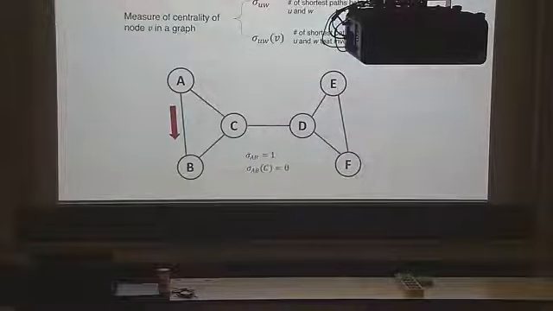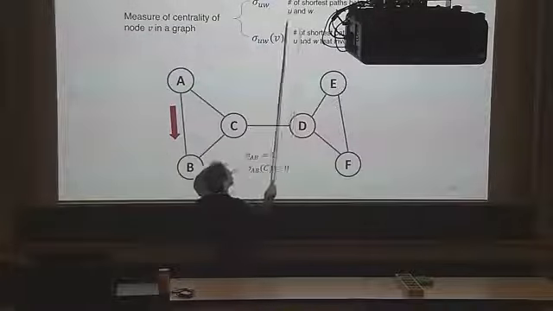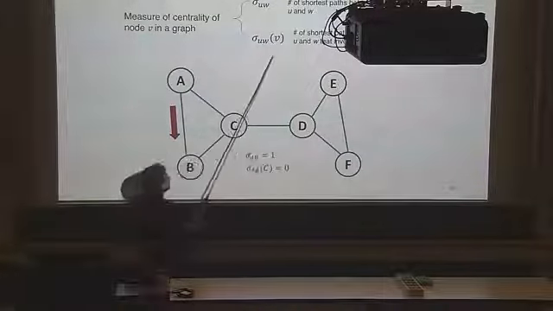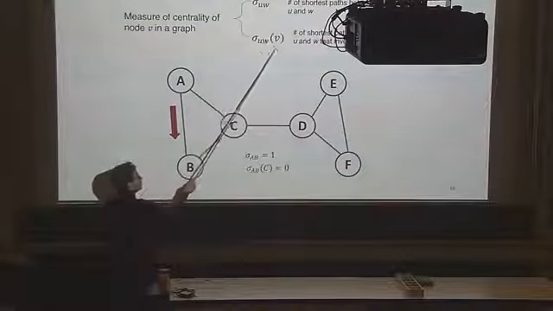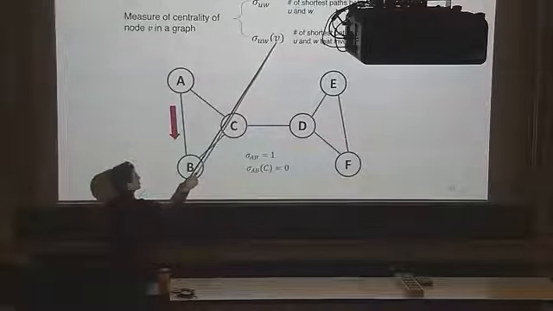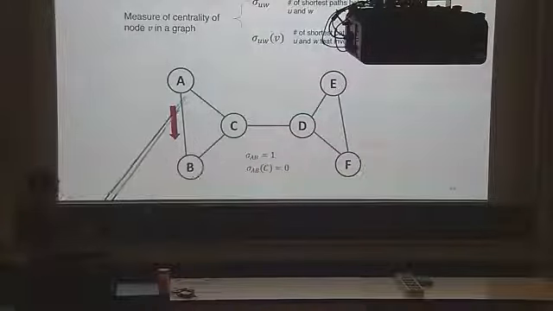How well is this node in between the paths in my network? And remember, a path is a set of edges. So we count the number of shortest paths between two nodes, let's say U and W, and then count the number of those paths that involve my node of interest. So if I'm interested in node V, we can actually count. So how can we do it?